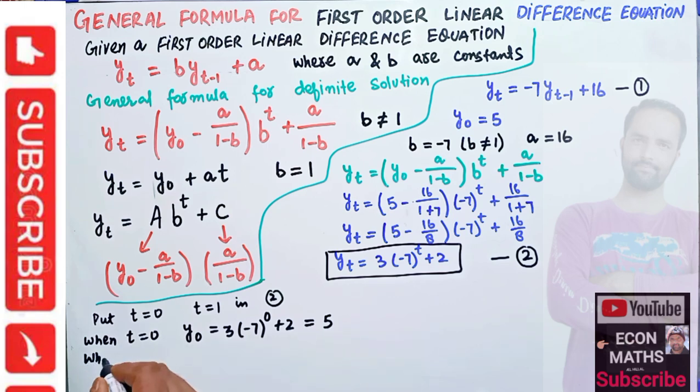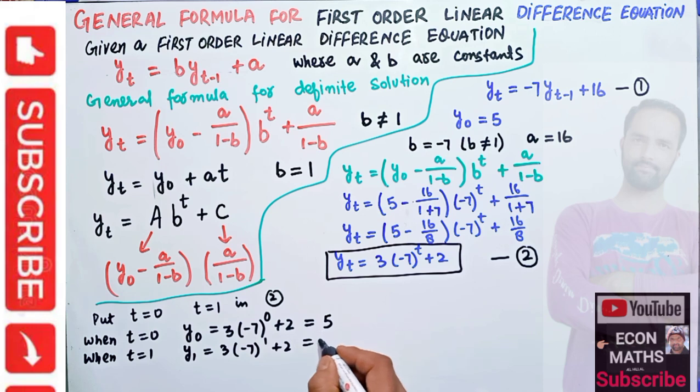When t is equal to 1 in this equation, in place of t we have 1, y1 is equal to 3 into minus 7 raised power 1 plus 2. So 7 3s are 21, minus 21 plus 2 comes out to be minus 19.